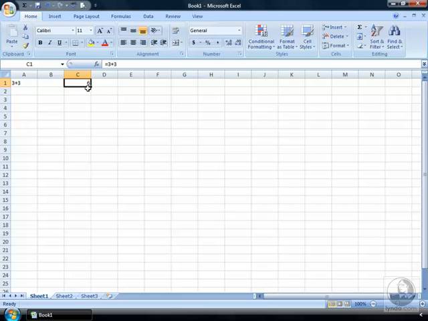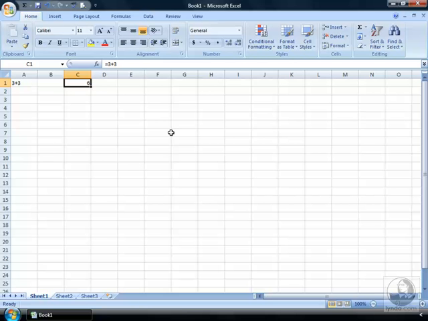So there's the big difference between putting in information with or without an equal sign in the application. The equal sign tells Excel to go ahead and calculate whatever it finds afterwards, whereas if I don't put it in, it's just thinking I'm typing in some information and putting it in the cell as text in this example.